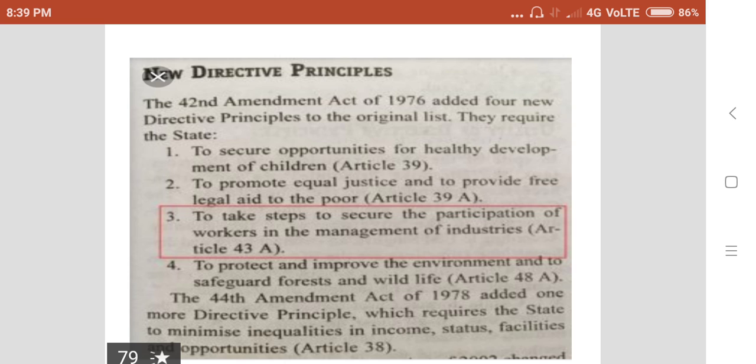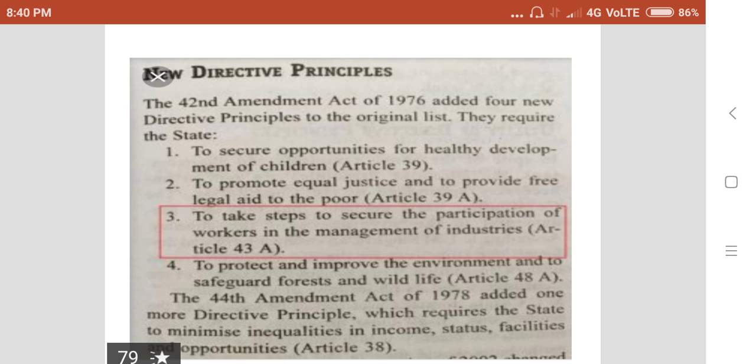So, this is a paper cutting of the additions of the new directive principles. The 42nd Amendment Act of 1976 added four new directive principles to the original list.